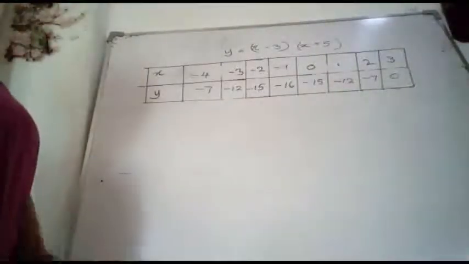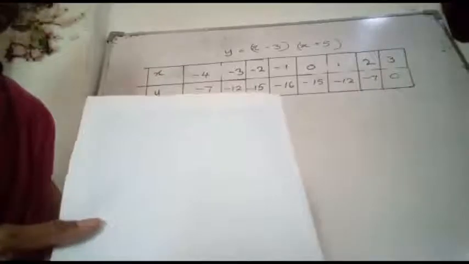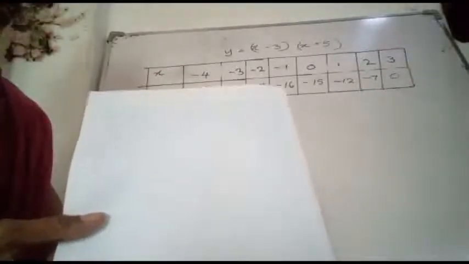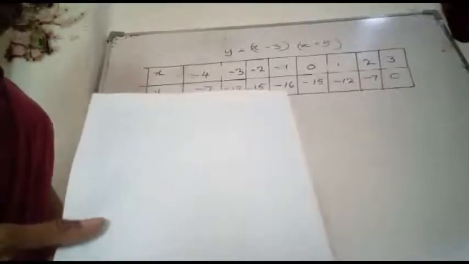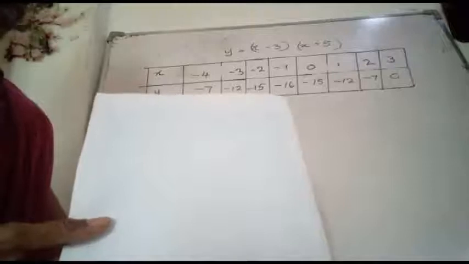Now we are going to draw the graph. We take the paper and take 10 small divisions along the x-axis to be 1 unit and 10 small divisions along the y-axis to be 2 units as scale.